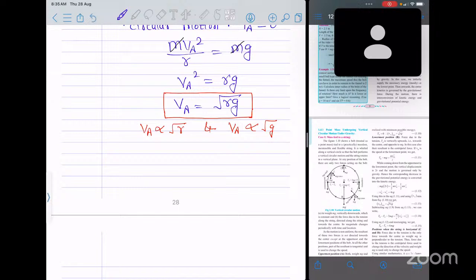But if you look at the radius r, that is the length of the string, we can clearly observe that the greater the length of the string, the greater has to be the velocity at point A. The smaller the length of the string, the smaller the velocity at point A. So if the object is at point A, the topmost point, velocity will be decided according to the length of the string with which the object is connected.